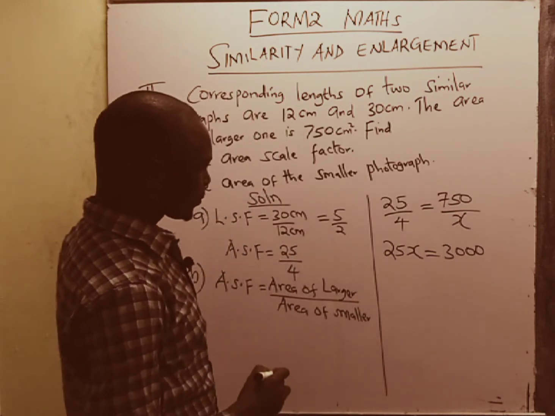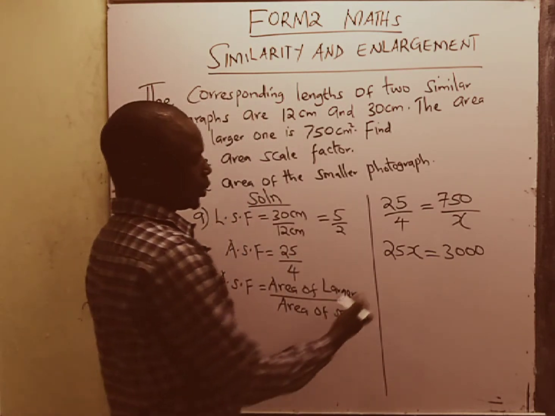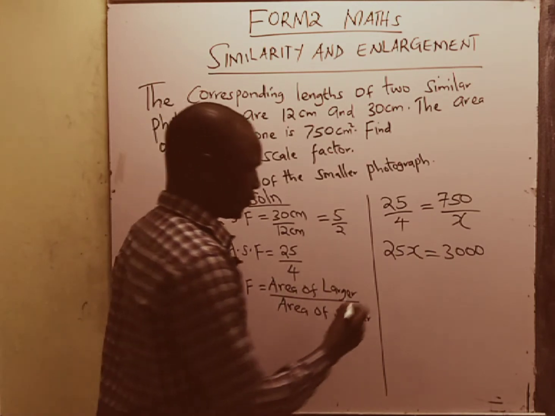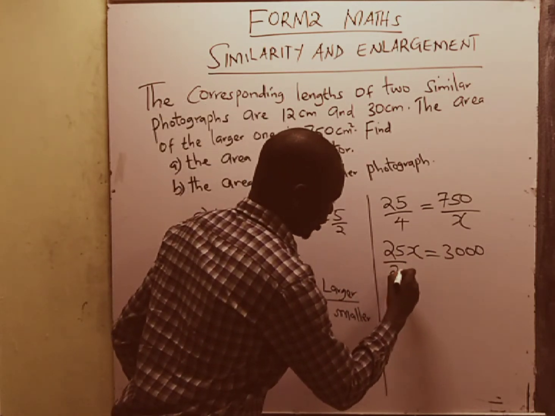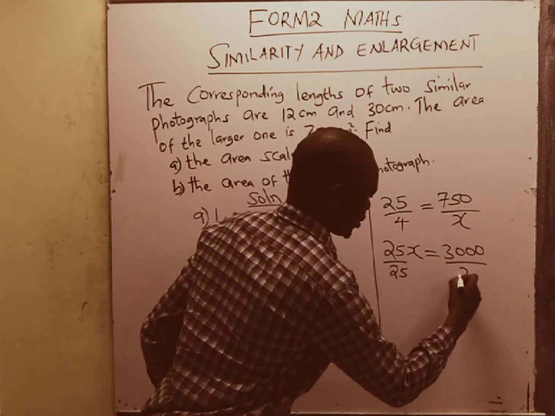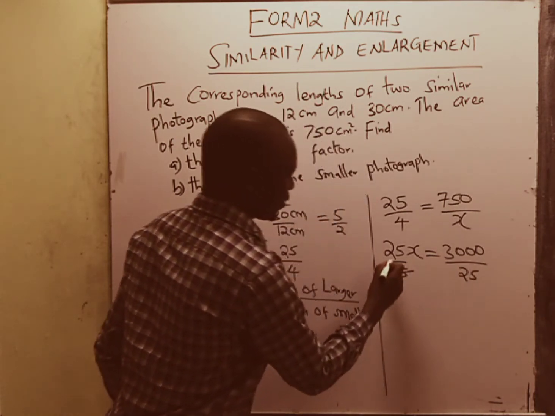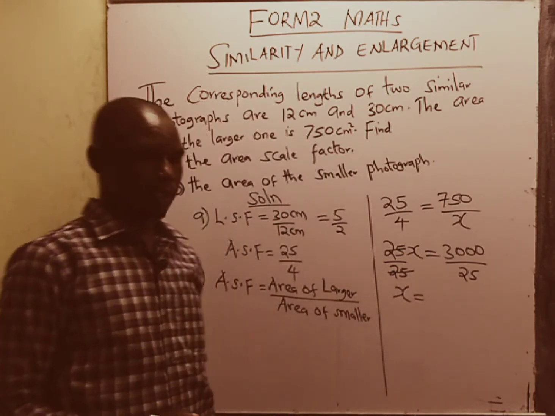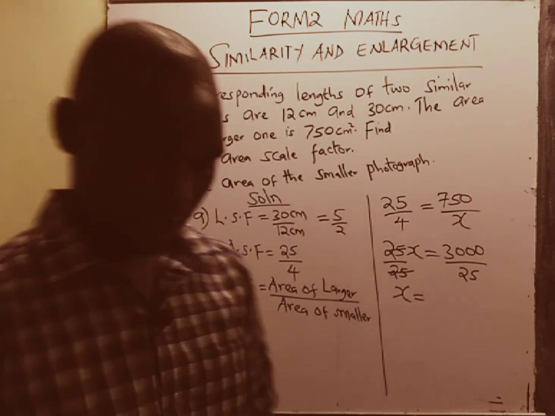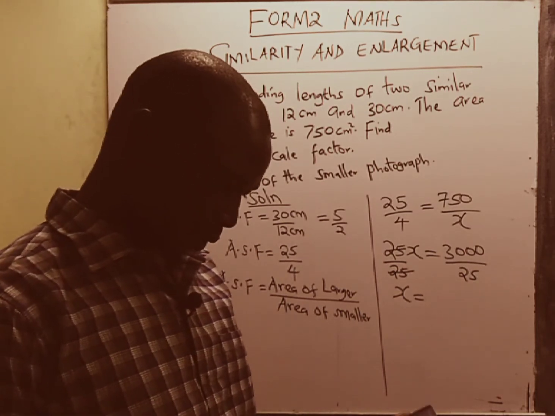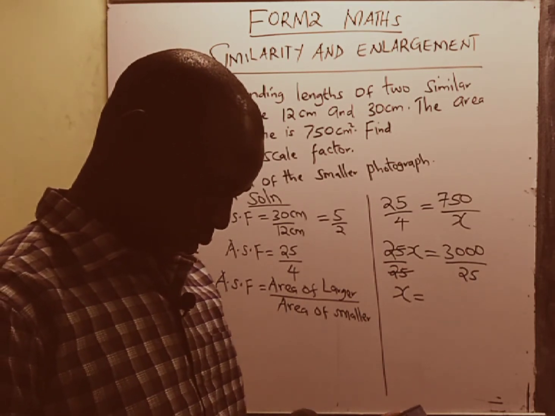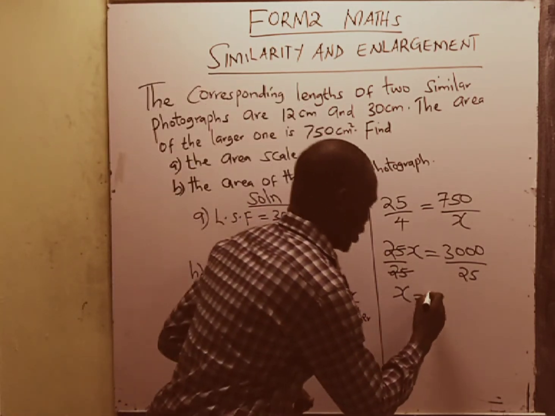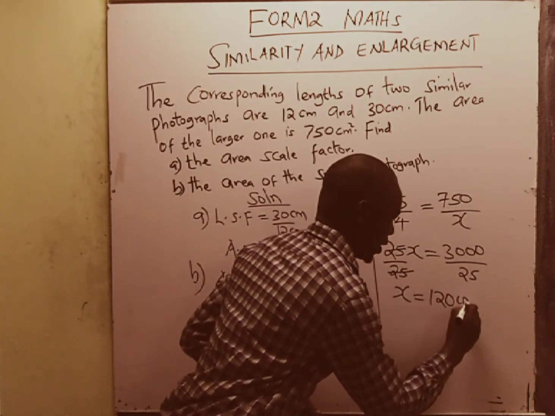In this case, if you want to get the value of x, which is representing the area of the smaller one, we divide both sides by 25. 25 and 25 cancel so that we have our x, and our x is going to be equal to 3000 divided by 25, which gives us 120 centimeters square.